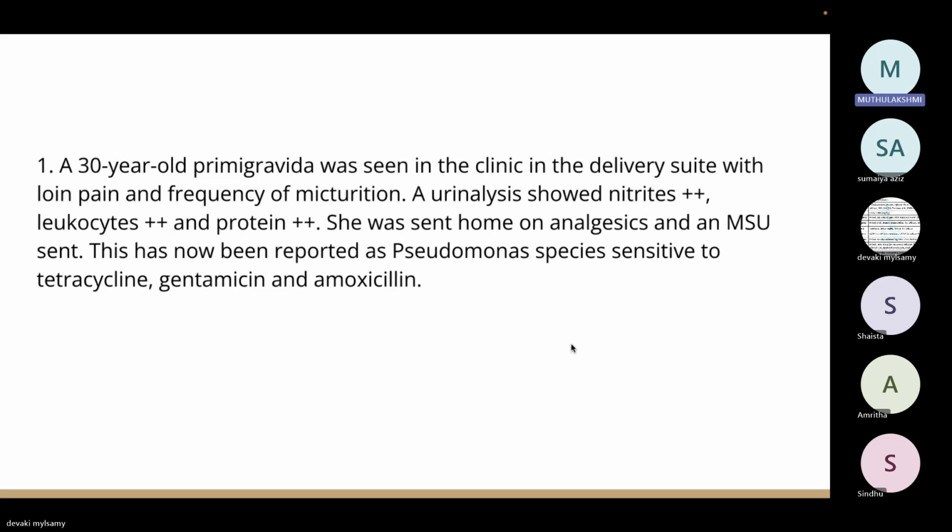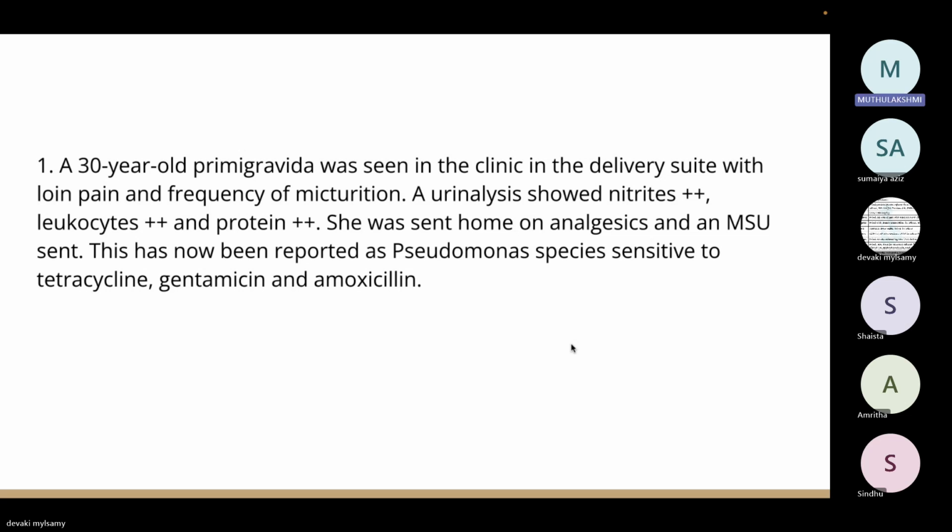Since the patient is discharged, we need to contact her general practitioner, inform the report, check for any drug allergies, and start her on amoxicillin 500 milligram TDS for 5 days, and she will be offered ultrasound KUB to check for any renal stones and any urinary tract anomalies.